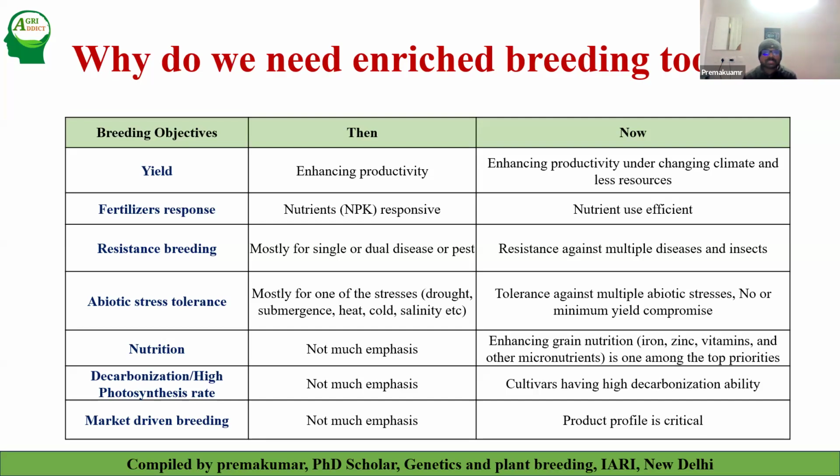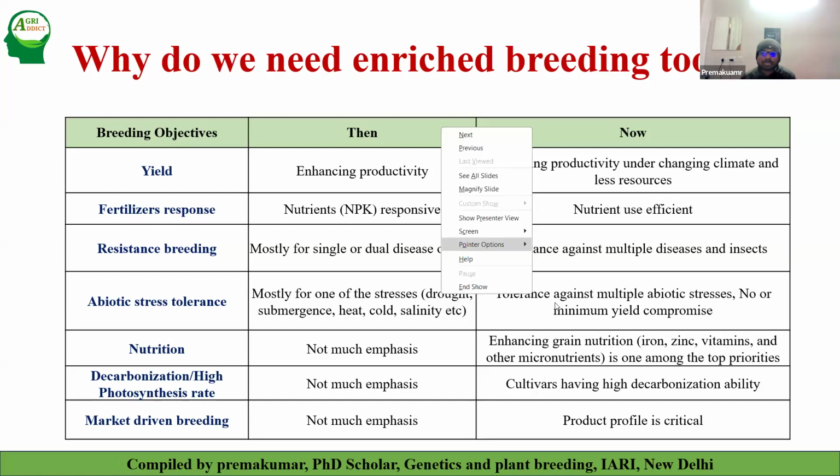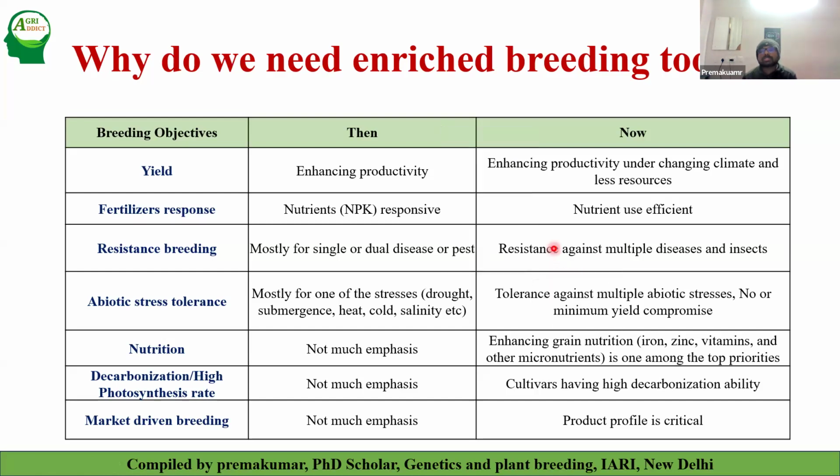And resistance breeding too. Earlier, we used to breed for single or dual resistance against a few major pests and diseases. Rust was a major one, and bacterial blight was a major interest. But now we have multiple pests and diseases. See the pink bollworm in cotton. Nobody thought it would become such a devastating pest.